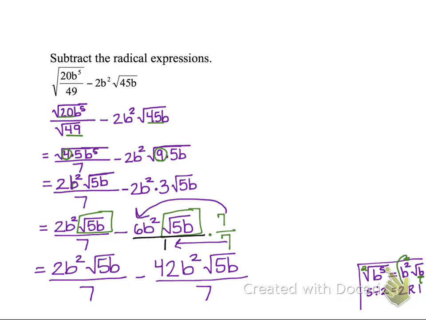Now I am ready to combine like terms. So I have 2b squared over 7 minus 42b squared over 7, and the answer is going to be the new coefficient of my radical, which is the square root of 5b.